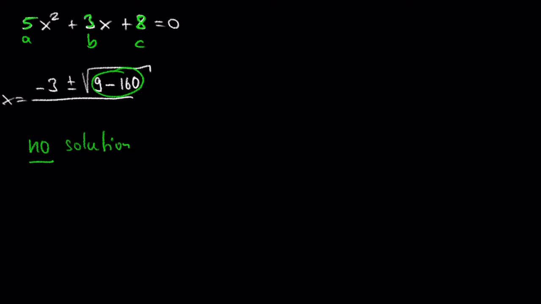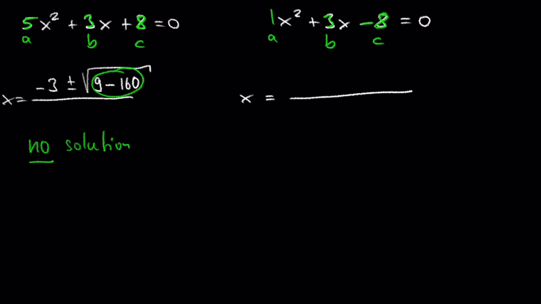Let's do one more example. X squared plus 3x minus 8 equals 0. A is 1, B is 3, and C is negative 8. Minus 3 plus minus 3 squared is 9. Negative 4 times 1 is negative 4 times negative 8 is plus 32.